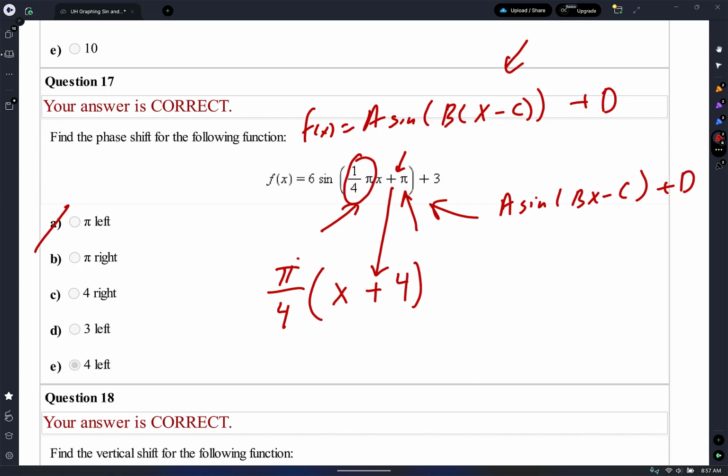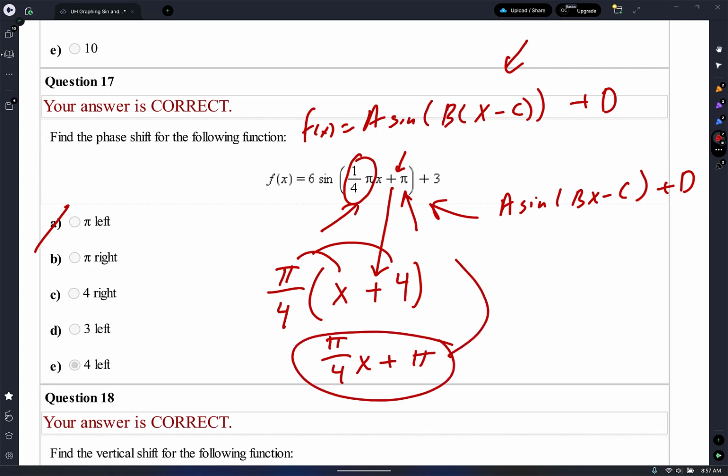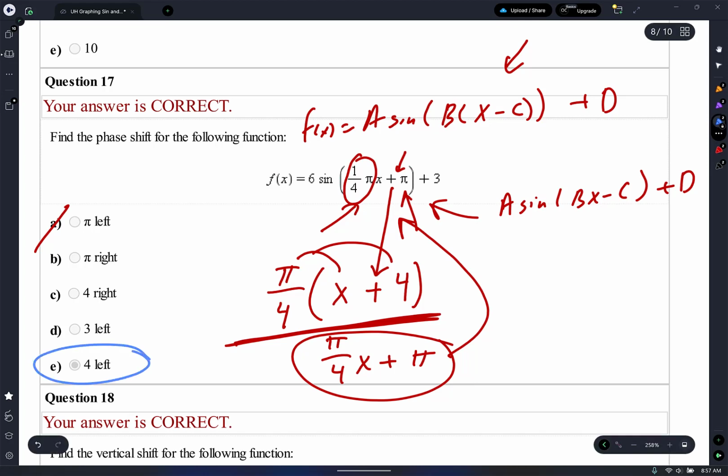When I distribute, that's pi over 4x plus pi, which is that. So now that I have it in factored form, how many times did I move? 4 times to the left. The sine function moved 4 times to the left. Cool or not cool?